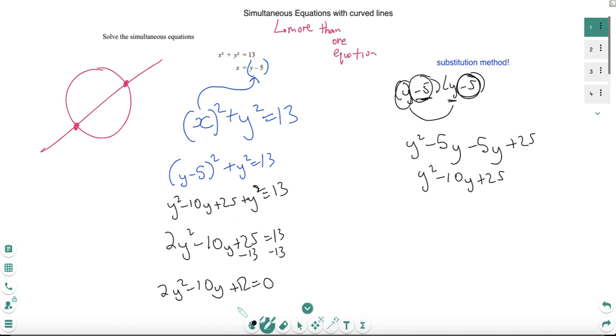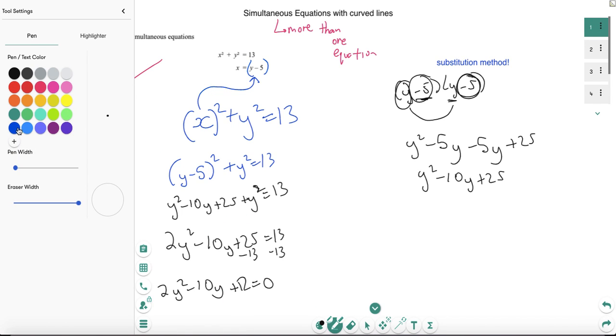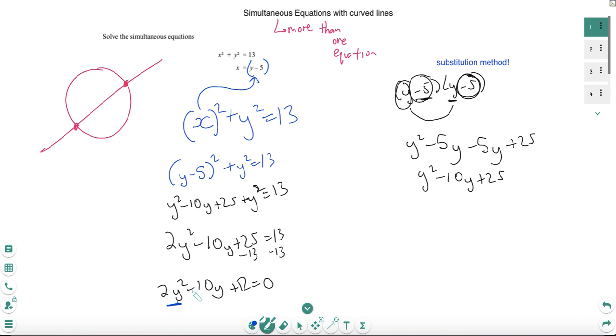Look, I can also factorize out the 2 from each term. We can divide all terms by 2, so it'll be y squared minus 5y plus 6 equals 0. And we can solve this by factorizing. a is 1 for the y squared term, b is negative 5, c is 6. We find two numbers that multiply to 6 and add to negative 5.